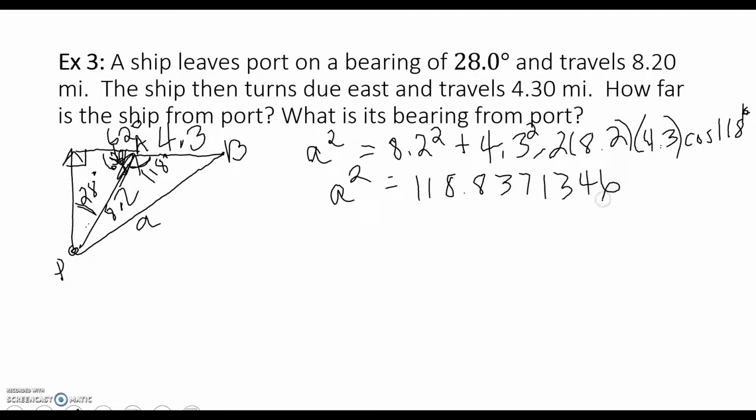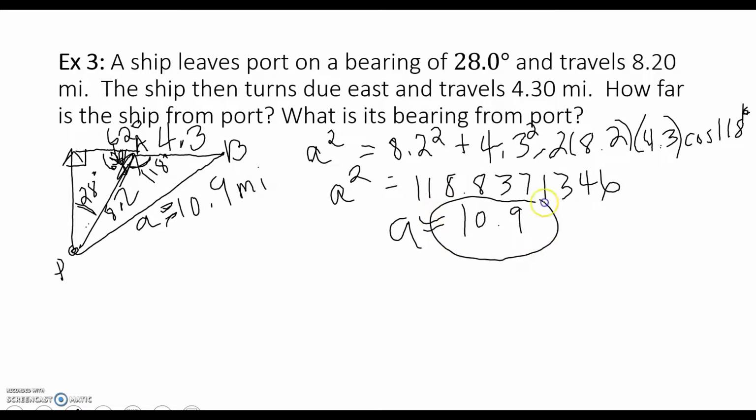Then you would take the square root of that answer to solve for a, and you would get a is approximately, with everything to 3 significant digits, 10.9. So this distance here is 10.9. That means the ship is 10.9 miles from the port.